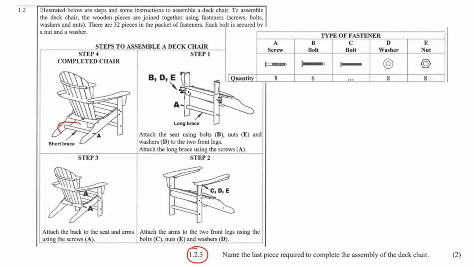There's no short brace over here. I mean, there is a short brace over there, but there's no short brace over there. So that is the last step. It's to add a short brace. You can just say here, add a short brace.